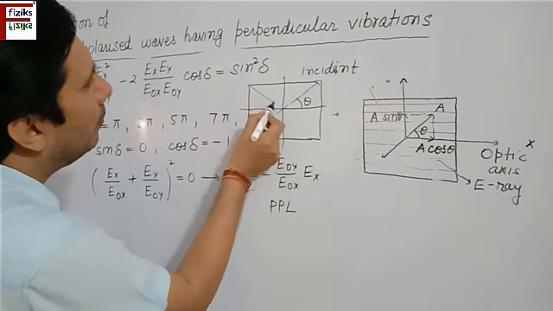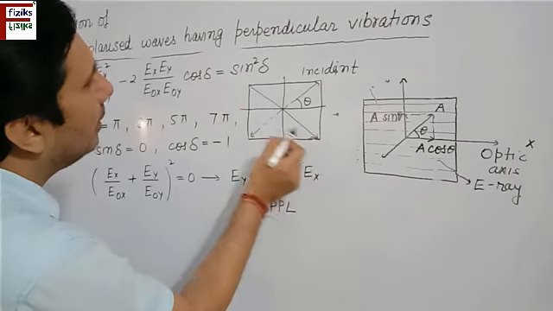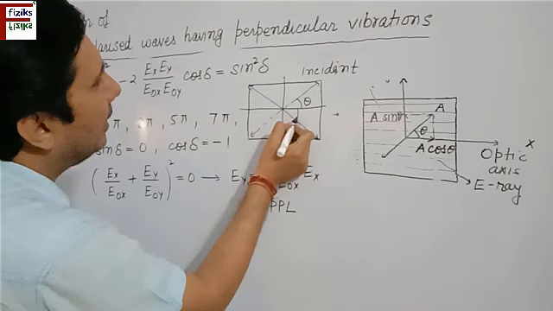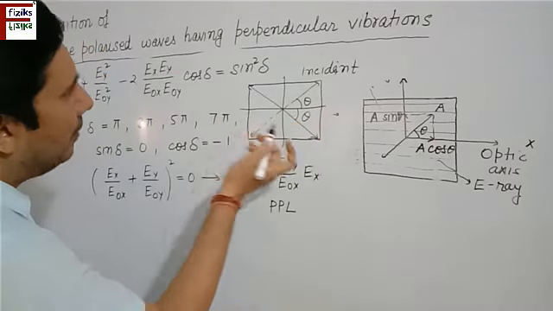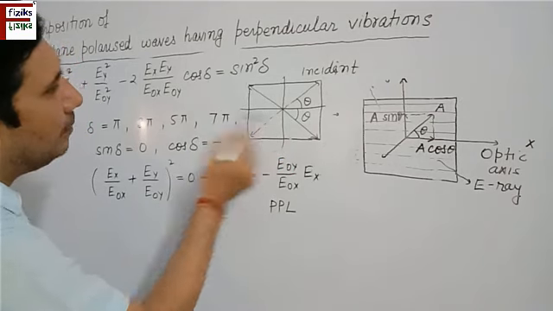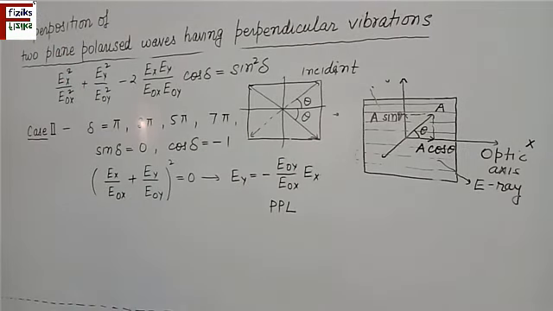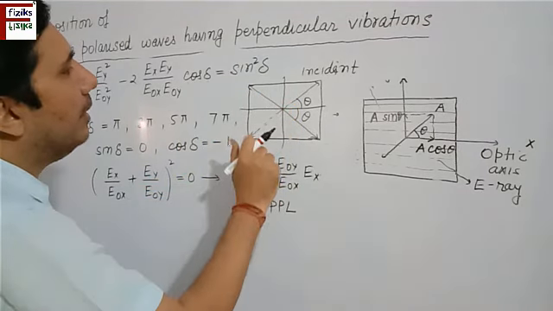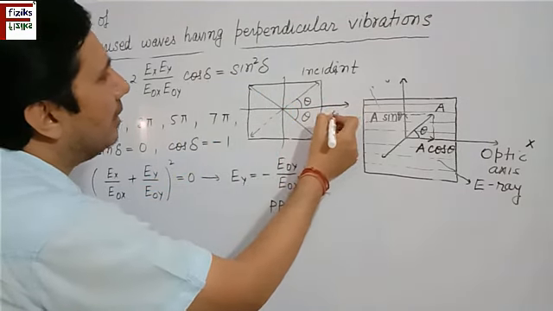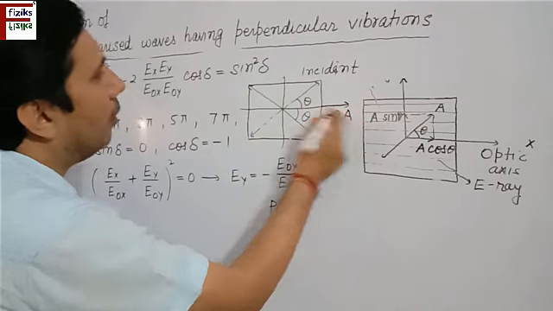So on the emergent side, the electric vibrations make an angle minus theta with this. So we will have plane polarized light, but its electric vector is rotated by an angle 2 theta around the optic axis.